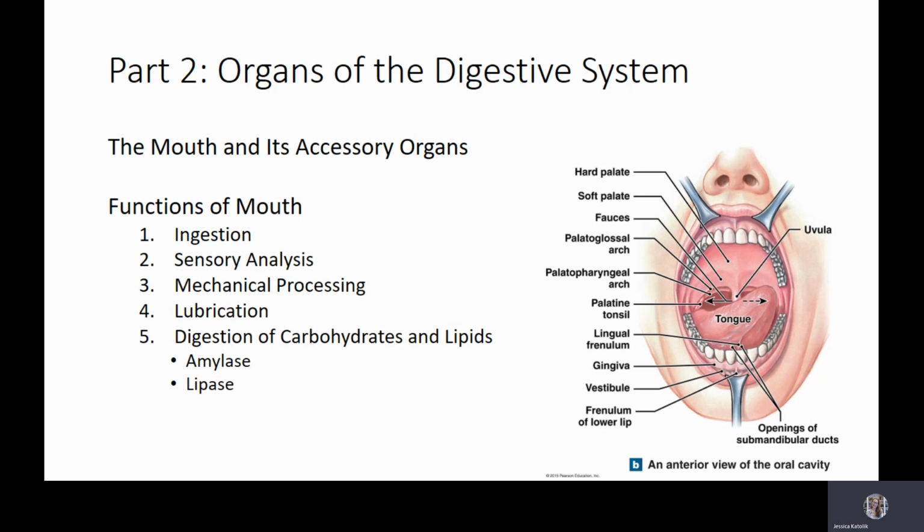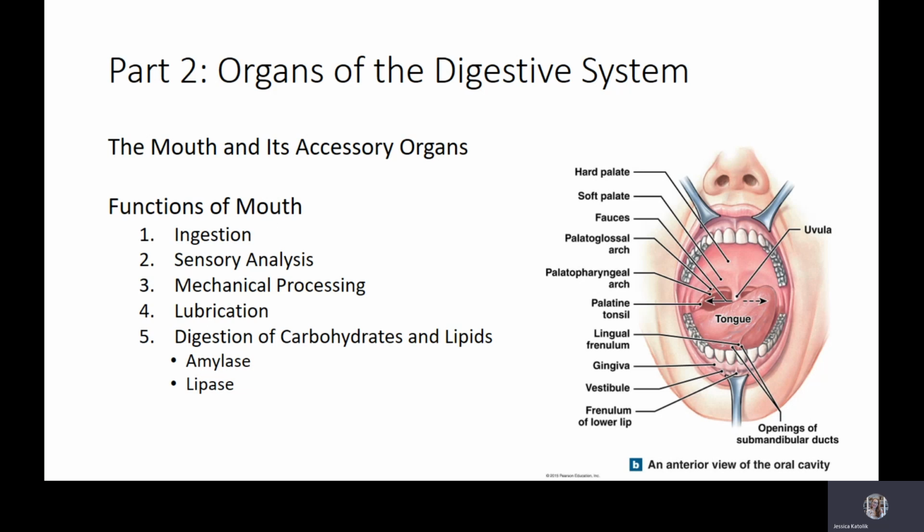The mouth also is going to play an important role in mechanical processing. So I did want to clarify the difference between mechanical processing and digestion. Mechanical processing is going to be a process in which we use physical mechanisms to break down food, while digestion is going to be a chemical process that will rely on enzymes to break chemical bonds.